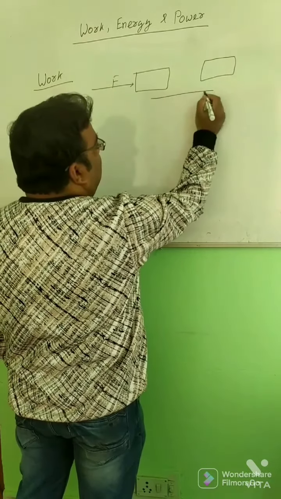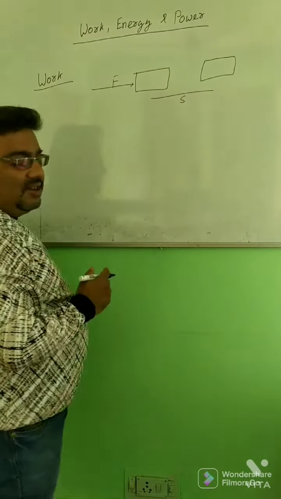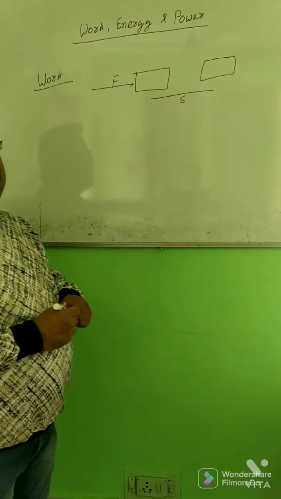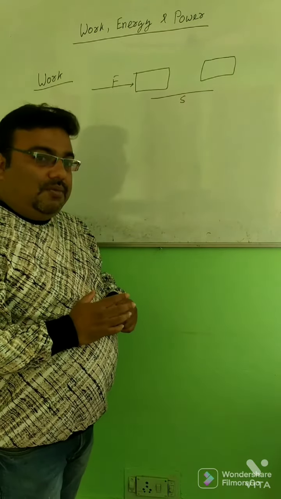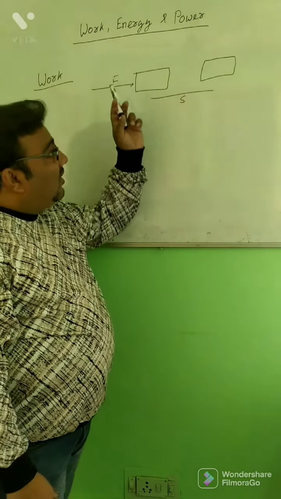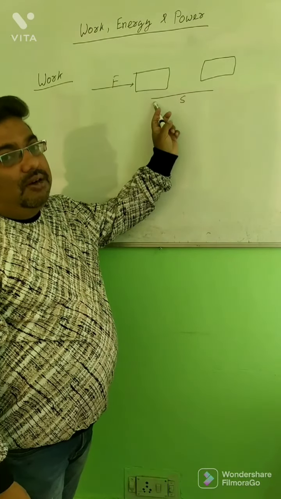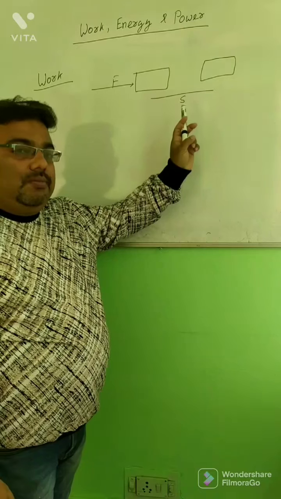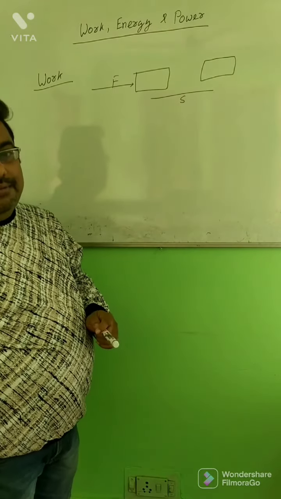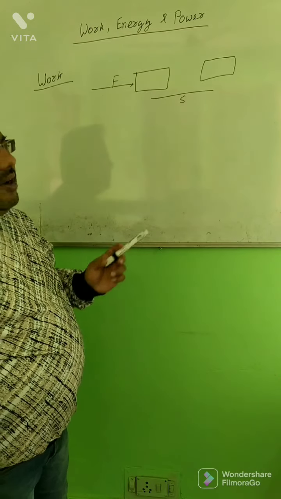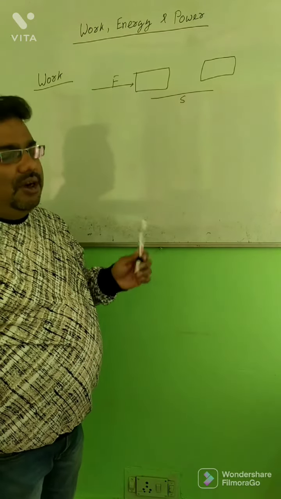If S is the displacement of the body from here to here, then physics considers it work. So according to physics there are two conditions: when a force is acting on the object and the object is displaced from its position, only then can we say that work is done. So there are different types of work formulas we have to read in this chapter.